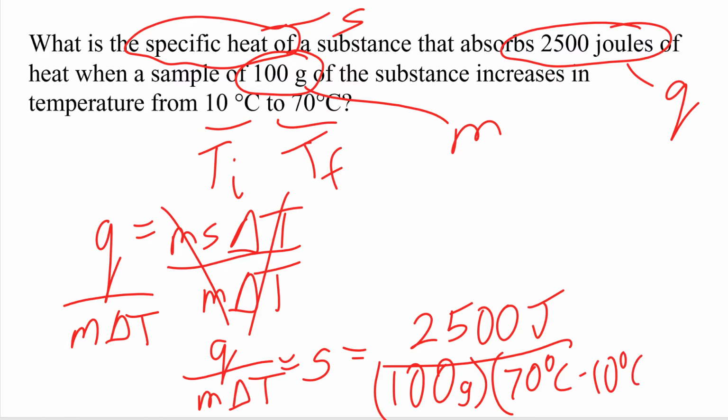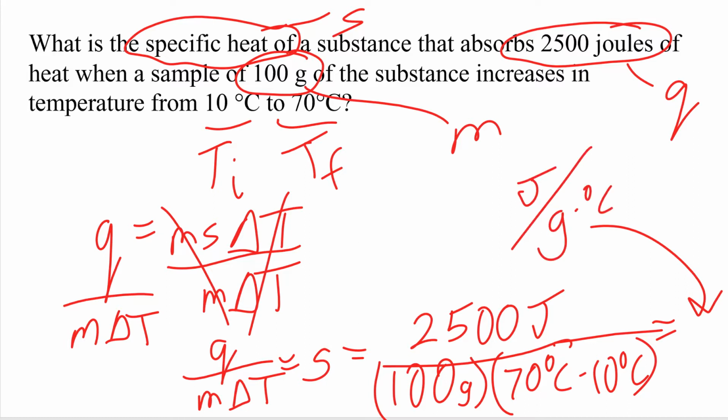You want to show the work. And then you want to make sure that anything on the bottom of the fraction is divided, and anything on the top of the fraction you multiply. So you do 2,500 divided by 100 divided by 60, or you can do 60 times 100 and then divide that into 2,500 joules. And then the correct units for this answer would be joules over gram Celsius.